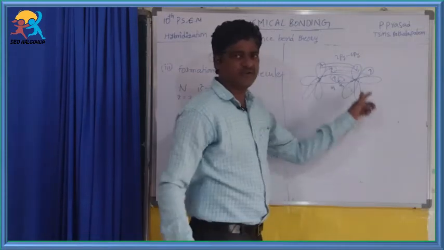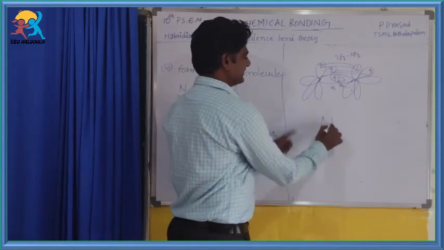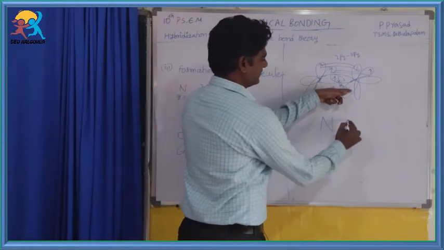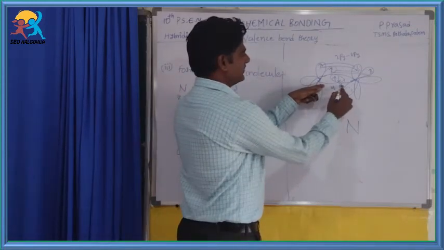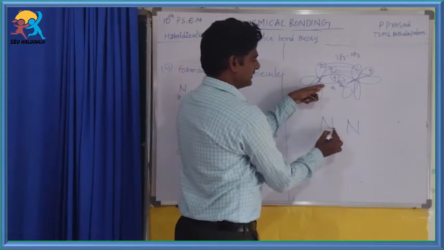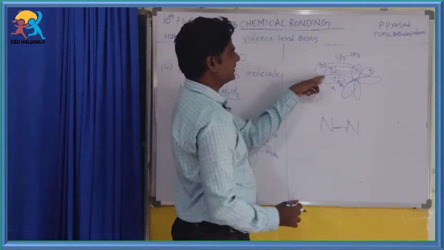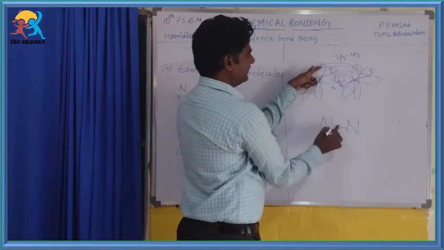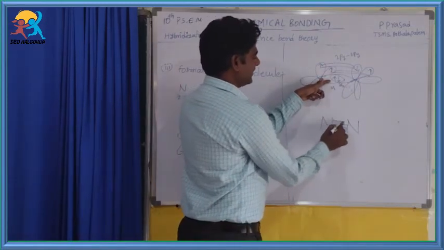In the symbolic representation, let this be a nitrogen atom and this another nitrogen atom. In between, 2px end to end overlapping is one shared pair. In between, 2py is another shared pair. In between, 2pz is another shared pair.